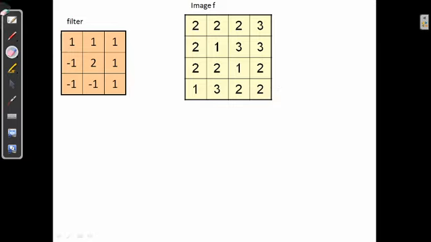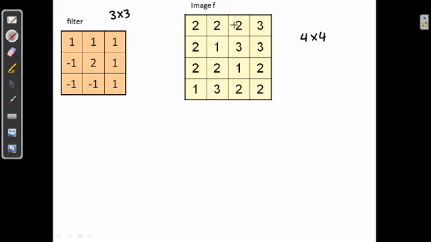So here we have an image. The image is 4 cross 4, so you can call this a square image. And we have considered a filter. The filter is 3 cross 3. The filter should be of a lower dimension when compared to the image.